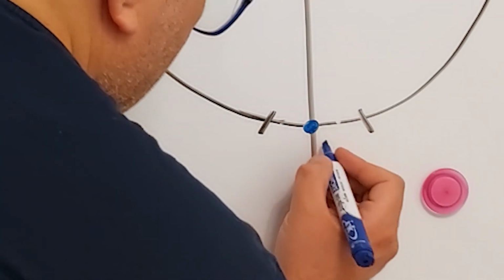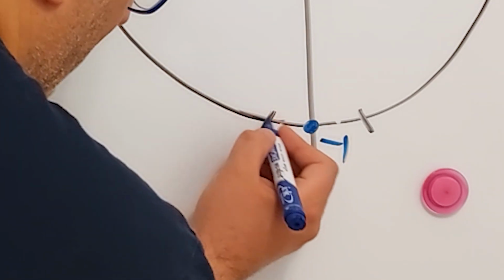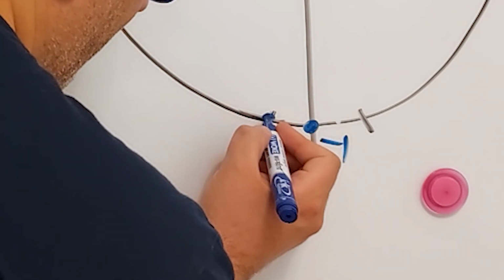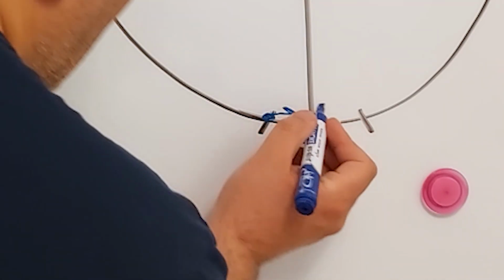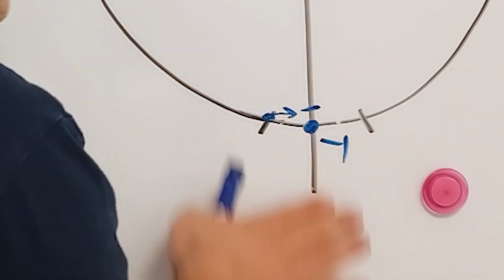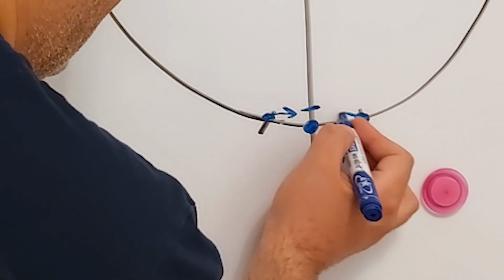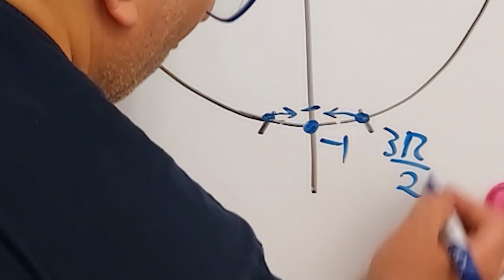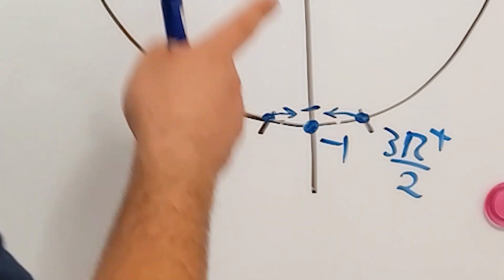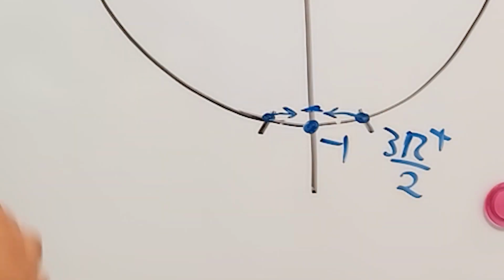Here is minus 1. So 3 pi over 2 from the left is here, and if you look at the sine axis, you see here means greater than minus 1, and from the right, you also see greater than minus 1.